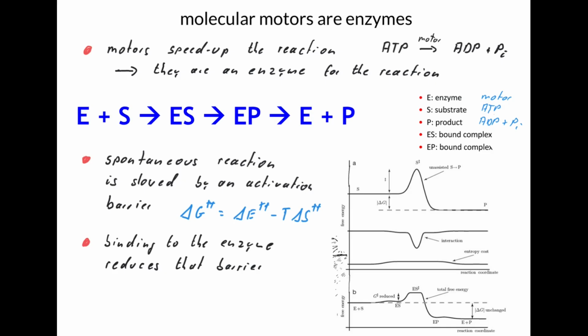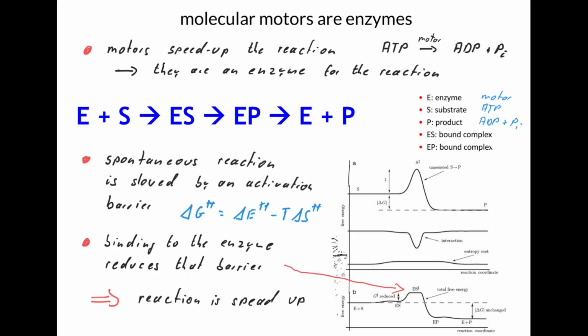So we start out at the top with a regular activation barrier for a chemical reaction. Now by binding of the enzyme, the activation barrier is reduced. We have to realize that the enzyme is actually a cycling machine.